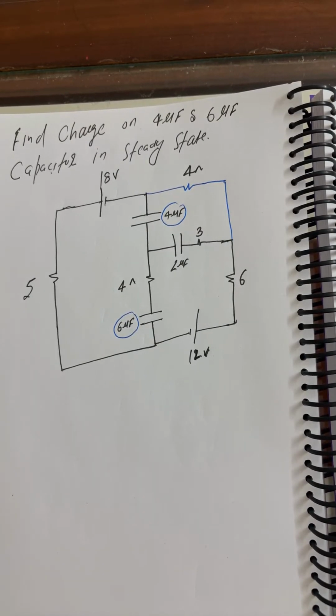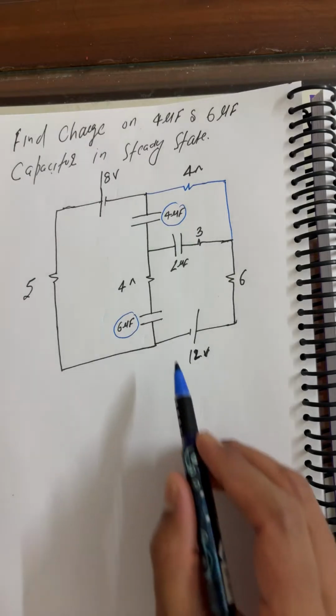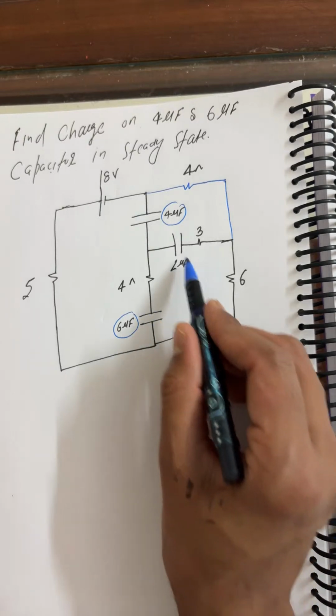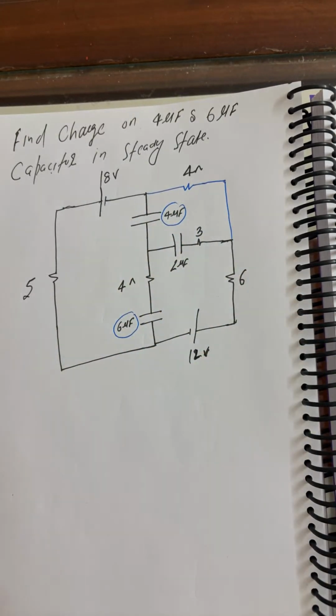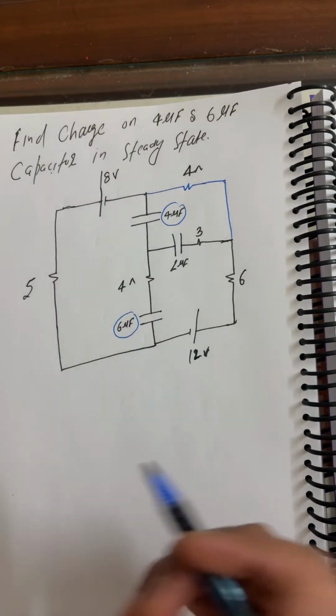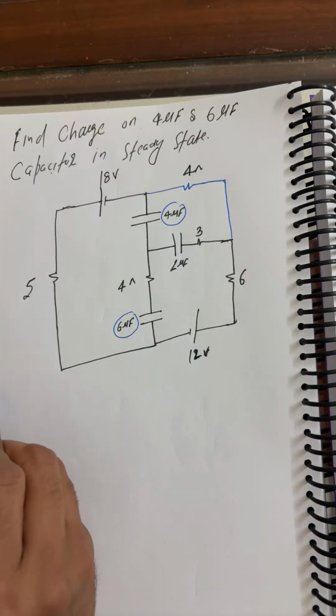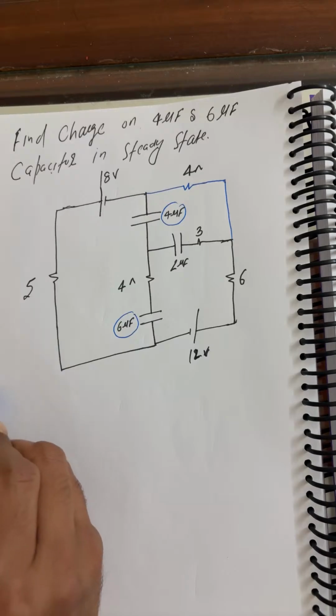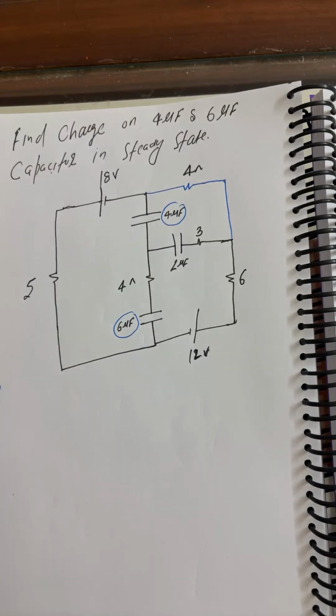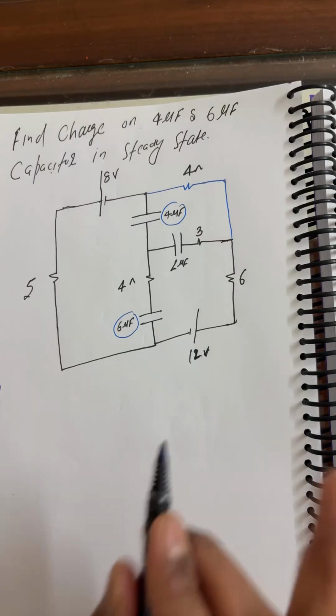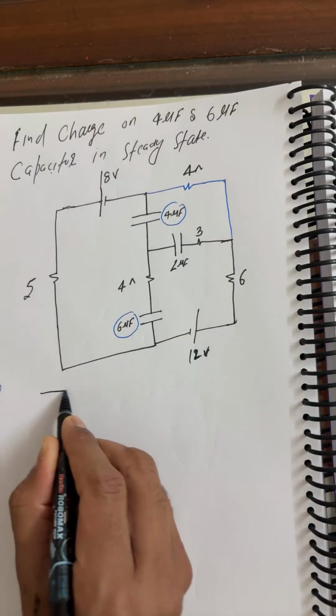Okay, first we have to find the current, because at steady state, this entire circuit acts as what? An open circuit. You can make the diagram here once. For getting the current, you can draw the diagram like this.